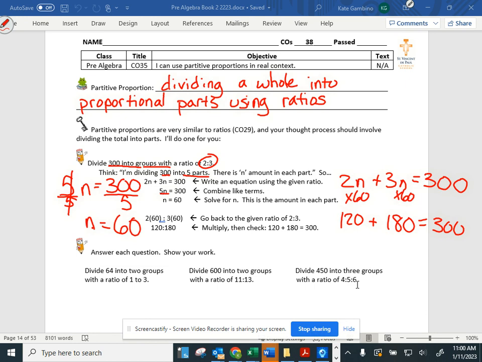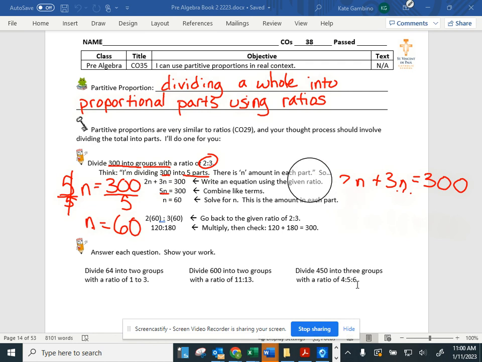Does 120 plus 180 equal 300? Yes. Okay, so it seems like it's going to be complicated, but if we break it down and do those one step at a time, we know how to do each of these steps, we can find our answer.